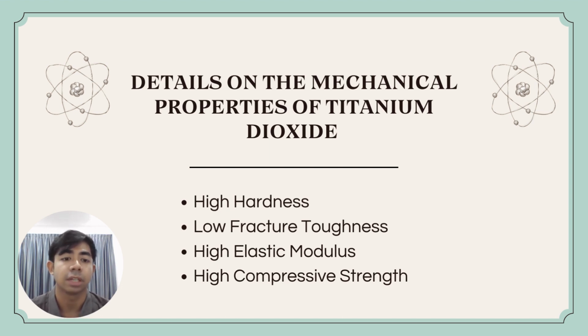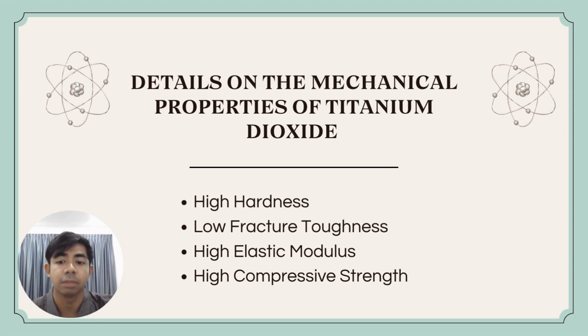The next one, titanium dioxide has a high elastic modulus, which means it is a measure of its stiffness and resistance to elastic deformation. Rutile titanium dioxide has an elastic modulus of about 230 gigapascals, which is higher than that of many other ceramic materials. The next one is high compressive strength.